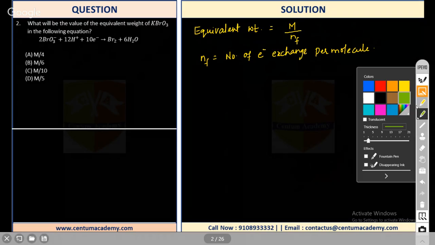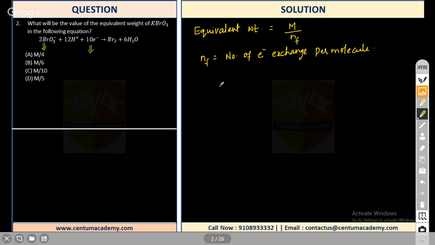Okay, so here you see the number of electrons exchanged is 10, right? And the number of molecules is 2, right? So n factor, if you calculate, will be the number of electrons exchanged divided by the number of molecules, that is 10 divided by 2, which is nothing but 5.